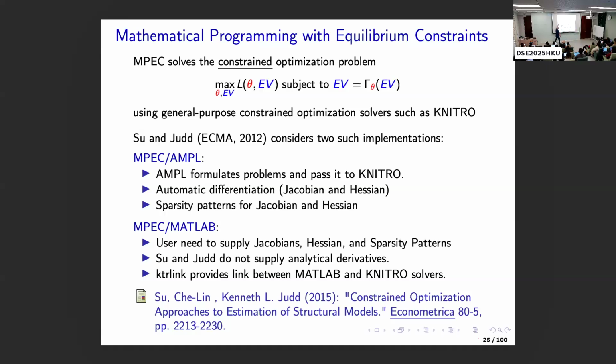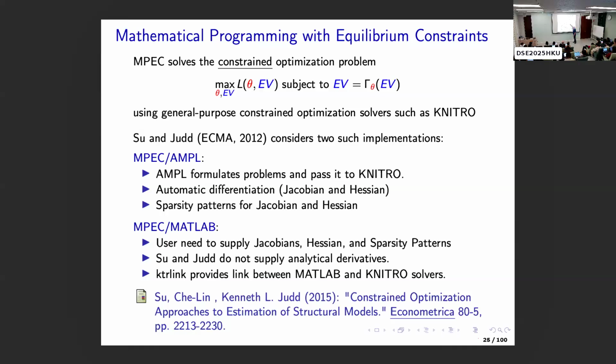Okay, they consider two such implementations. One in some high-level language called AMPL, if you know about GAMS from the old days for solving general equilibrium models. That's similar. What it does is formulate the problem as a constrained optimization problem and pass it to some state-of-the-art solver that engineers and computer scientists have optimized.